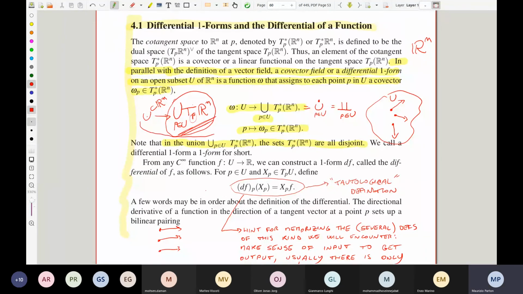Well, now you know what? I have also the cotangent space, the dual. This is the dual. So these are the maps from the tangent space to R. This is a vector space by itself, okay? So now don't think about them as maps, okay?